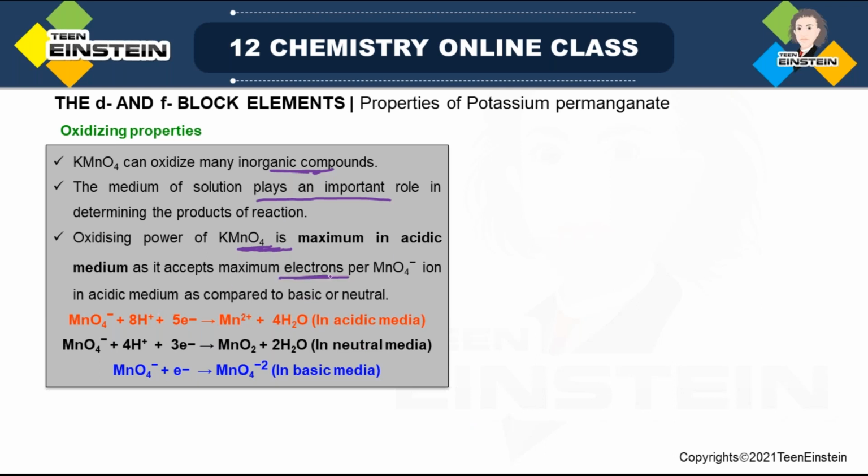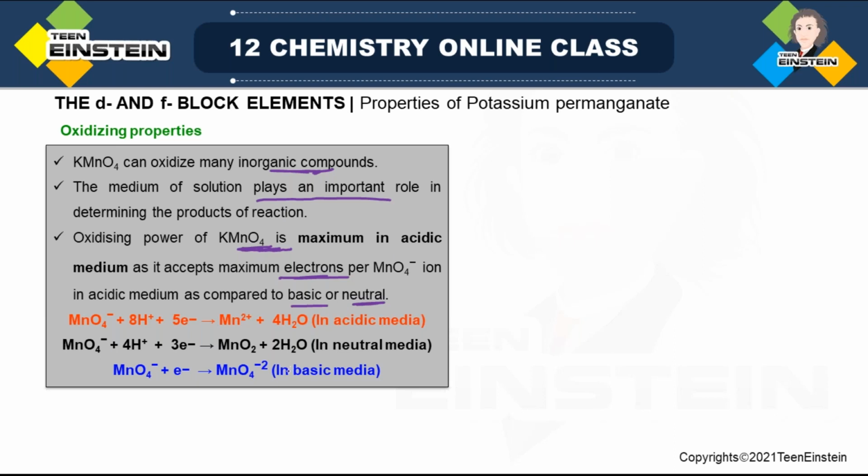Now oxidizing power means what? Acceptance of electrons. The more electrons accepted by any compound, the higher the oxidizing capacity. And in acidic medium, it is accepting the maximum number of electrons, and that is the reason why its oxidizing capacity is maximum as compared to basic and neutral.